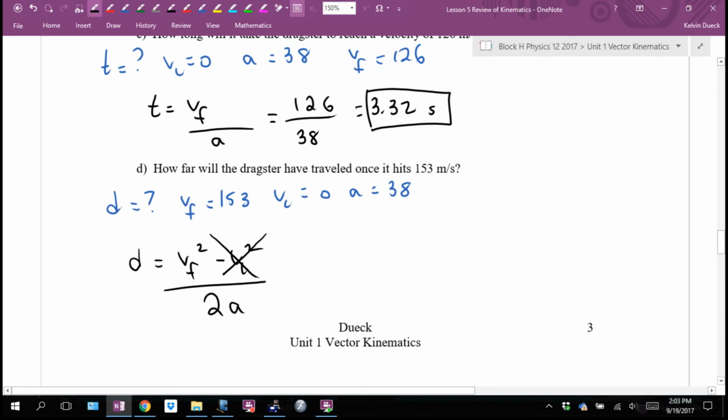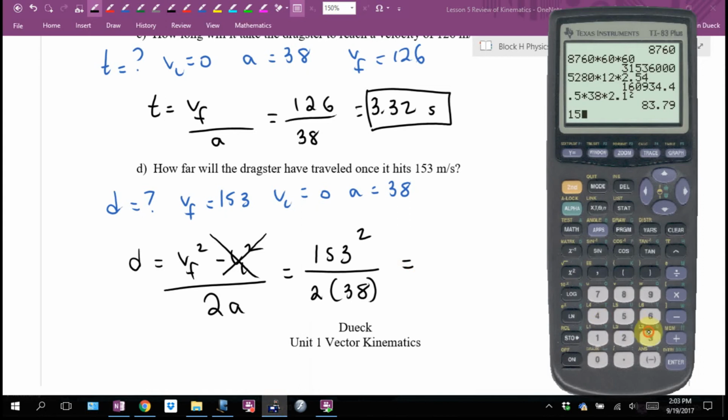The modified equation is going to be VF squared over 2A. So it's going to be 153 squared all over 2 times 38. And I get 308.